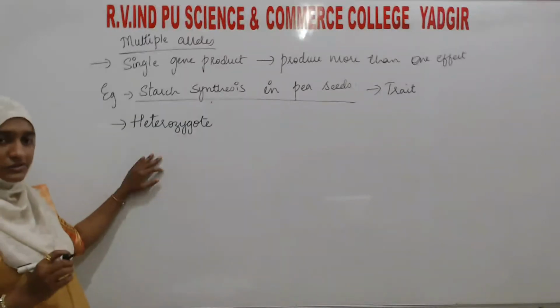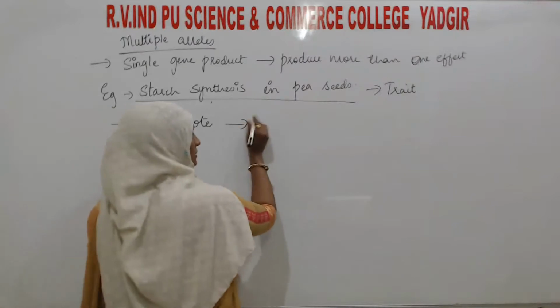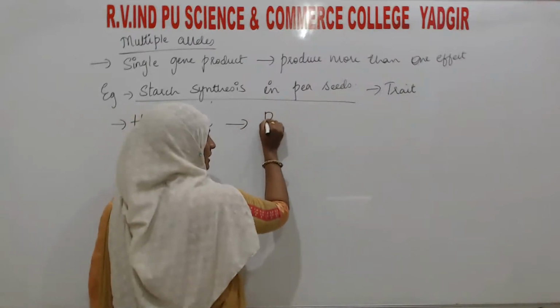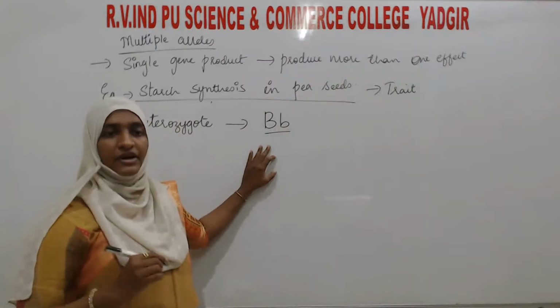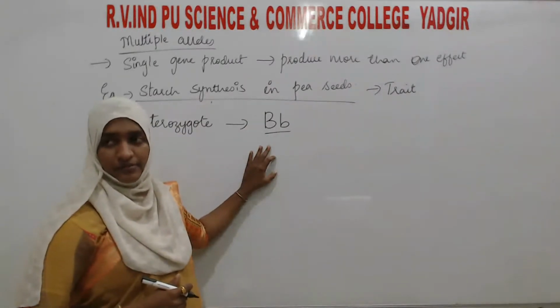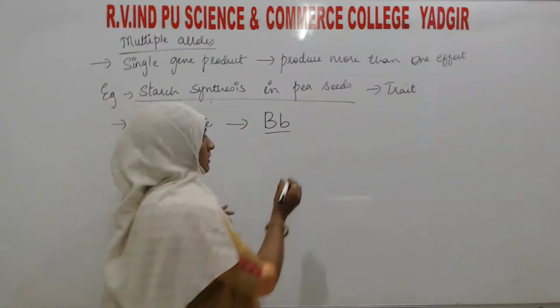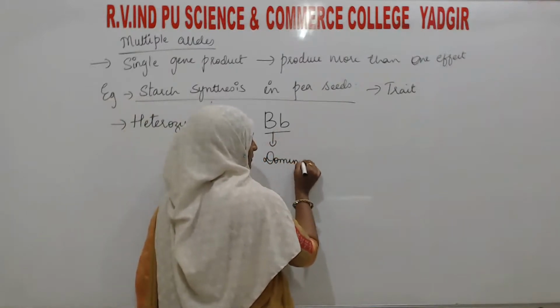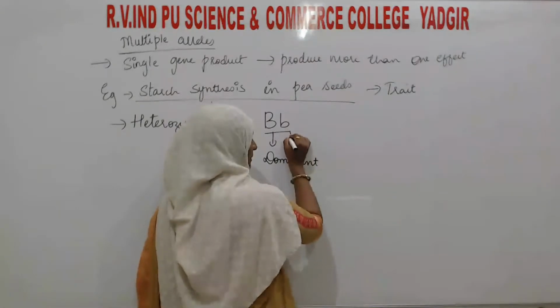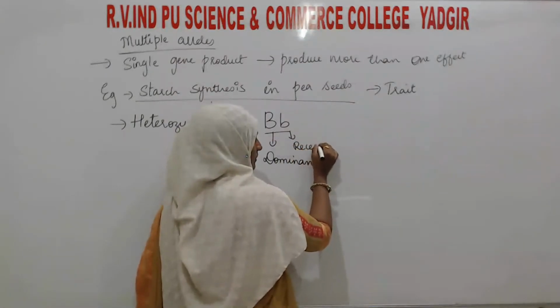In the heterozygote condition, what will be the alleles? Capital B, small b, where capital B is the dominant one and small b is recessive.